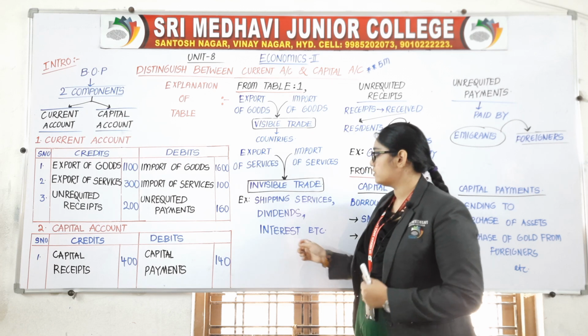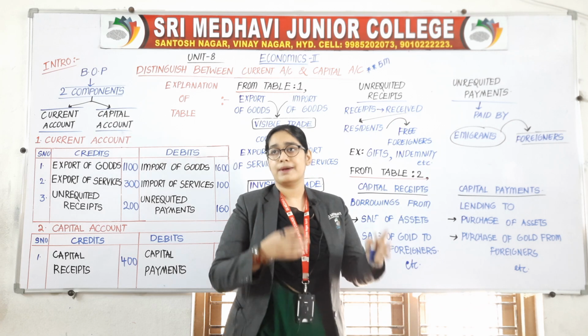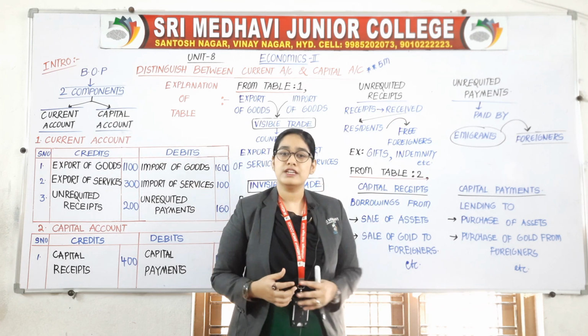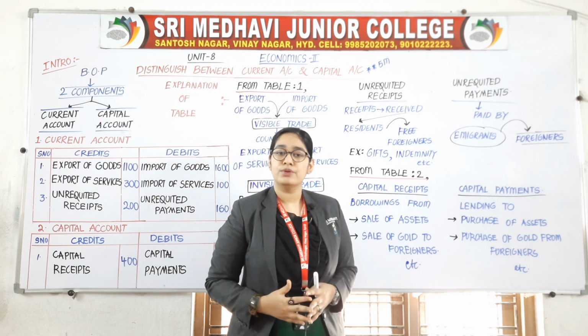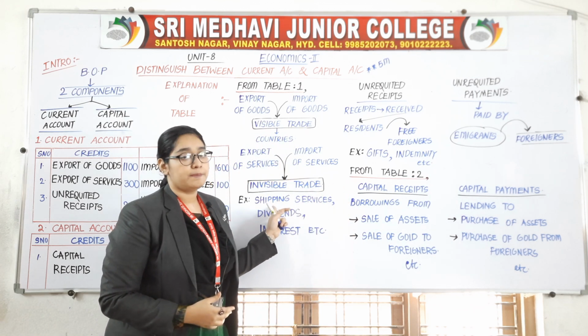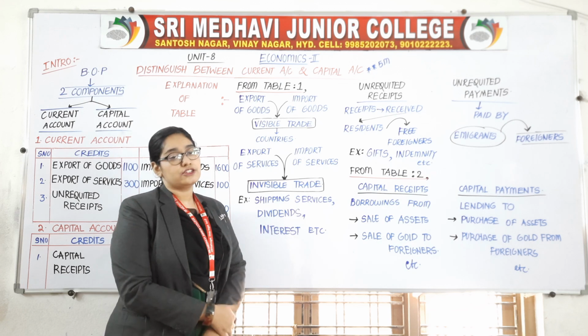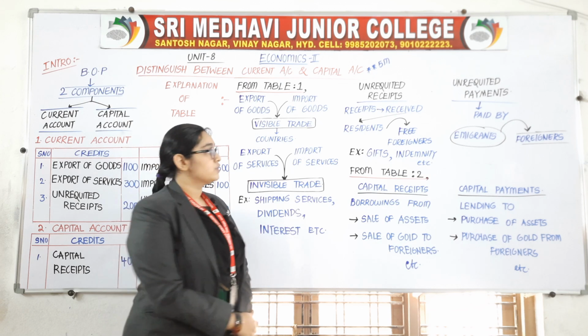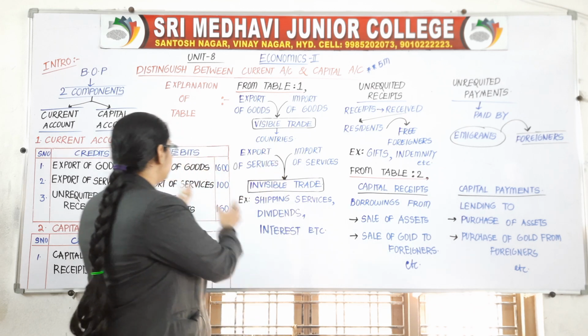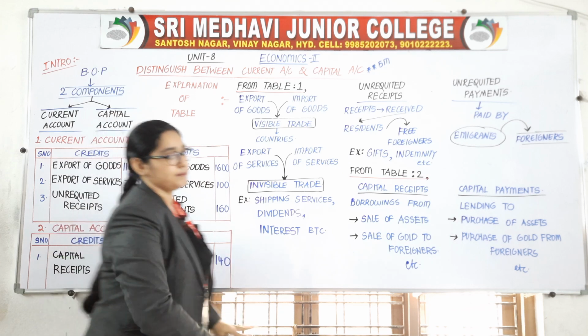The third one is interest. If I say that on 1 lakh there is some percent of interest, is it visible to you? No. So what are invisible trade examples? Shipping services, dividends and interest, etc. So from table 1, export of goods and import of goods is completed.